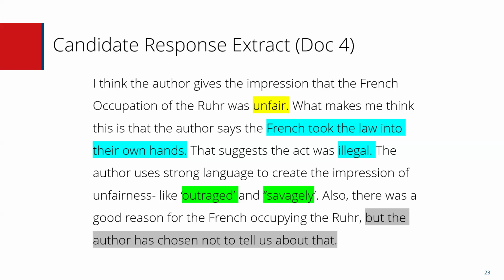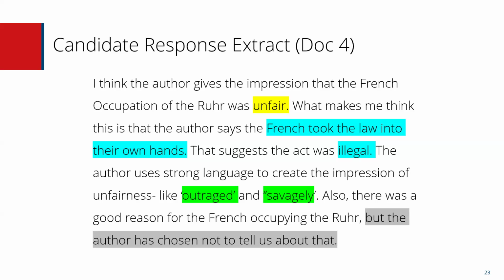And let's have a look at how it's focusing on language here. So it's telling us what impression is given, that it's unfair. The French took the law into their own hands. Suggests is a good word to use. And then we start to look at language, outraged, savagely.